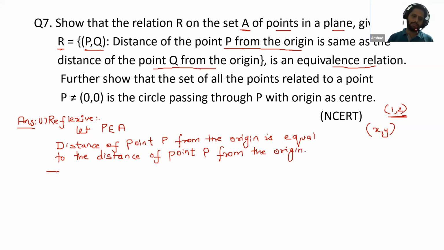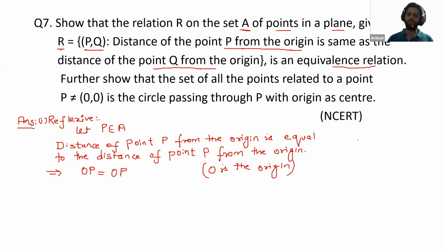What does this mean? This means the distance OP, where O means the origin. We will write here O is the origin. For reflexive, what we need to show is that OP is equal to OP.